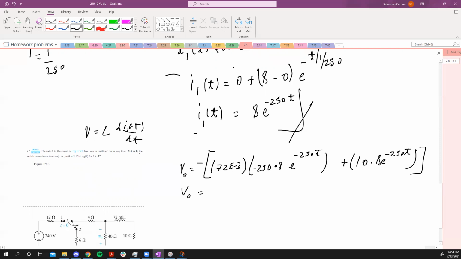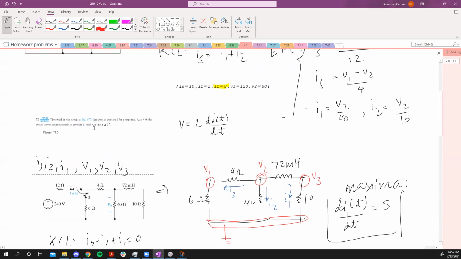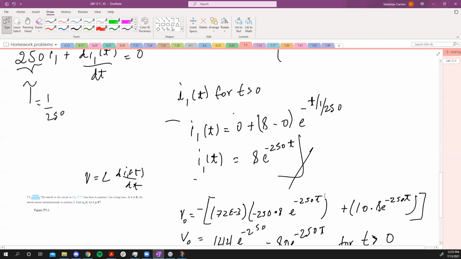So you get, yeah, 144 e to the negative 250 t, and then plus minus 80 e to the negative 250 t for t greater than 0. So yeah, this would be your V naught for t greater than 0.